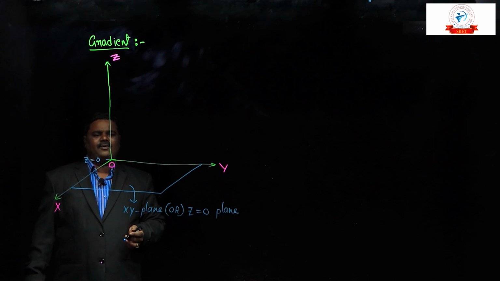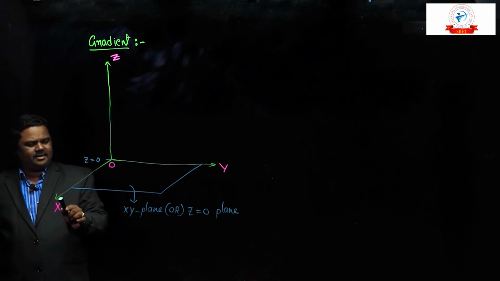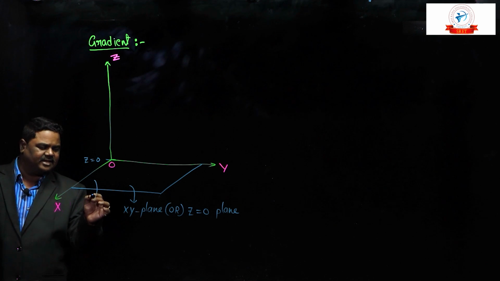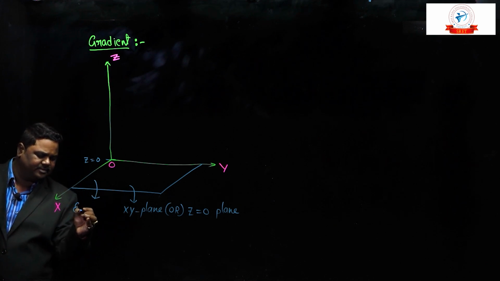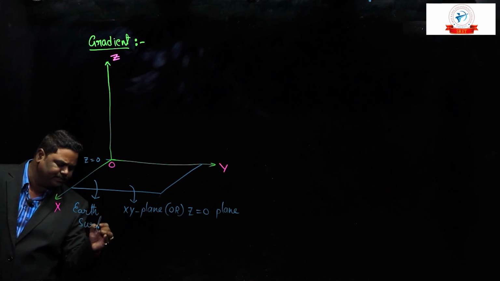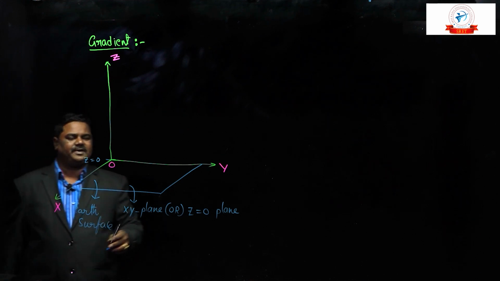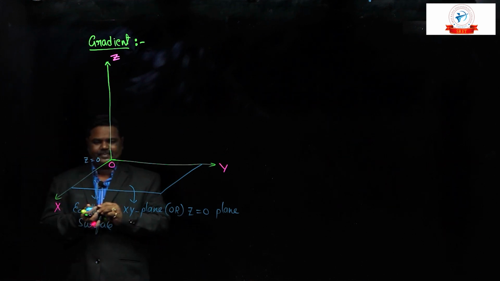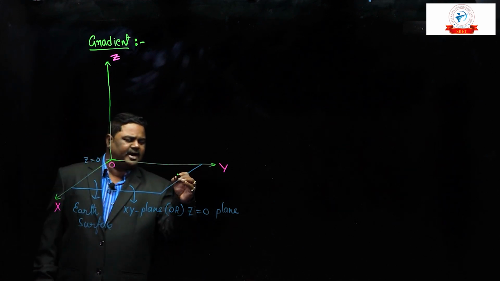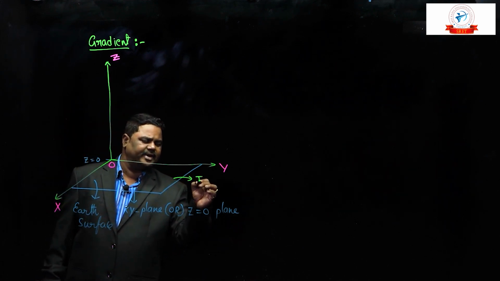Okay. Now I consider this bottom plane, or xy plane, or z is equal to 0 plane, as the earth surface. I assume the earth surface will coincide with this xy plane. Now, on the earth surface we have some temperature.